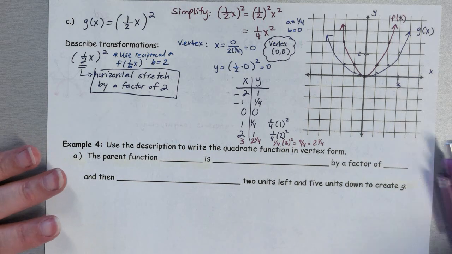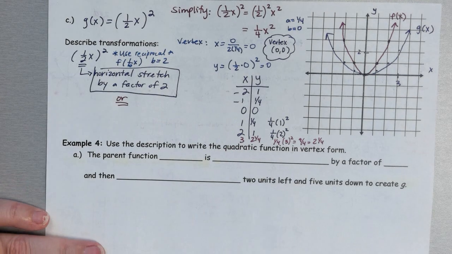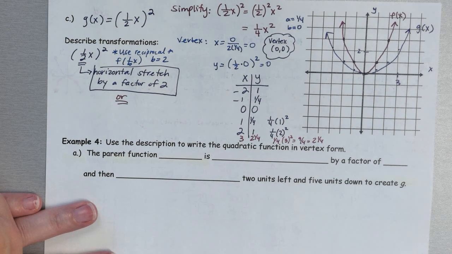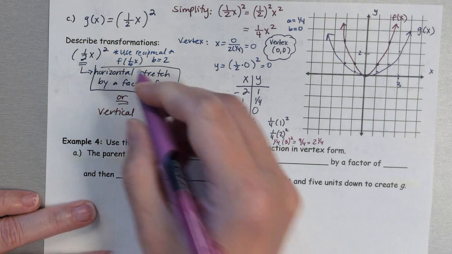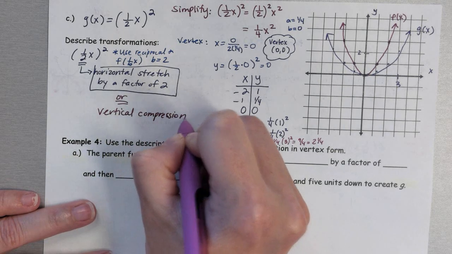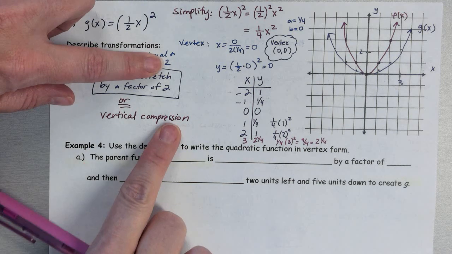Or, but wait, there's more. You could use something else. Can you guys tell me what the other one is? Anybody want to tell me? Okay, by? Good, vertical compression. And look at the pattern, right? If this is horizontal, the other one's vertical. This is a stretch, this is a compression.